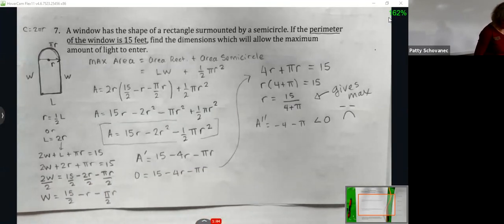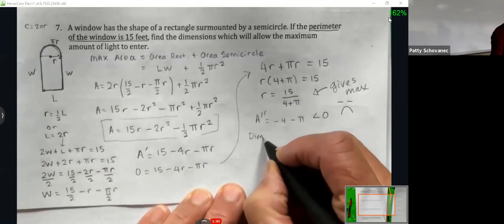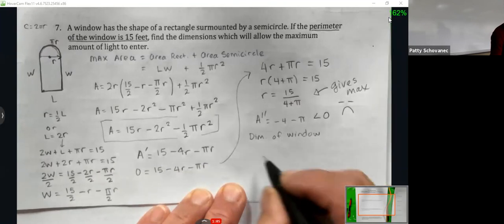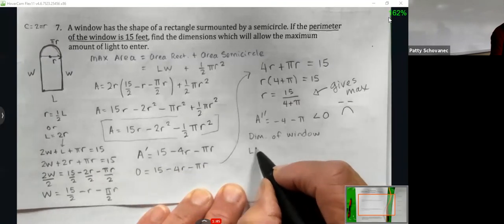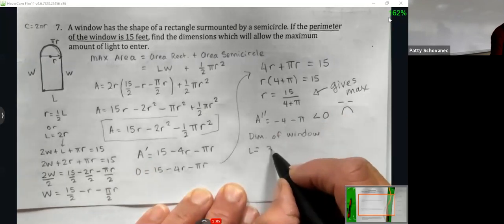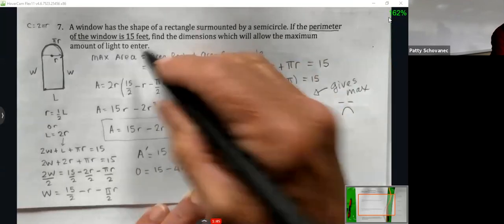We got to get all of the dimensions, and we've got the radius of the circle. The length and the width can be found using this step over here. So we want the dimensions of the window. We have the length is twice the radius. So if I multiply that by 2, I get a 30 on top. And that's feet.